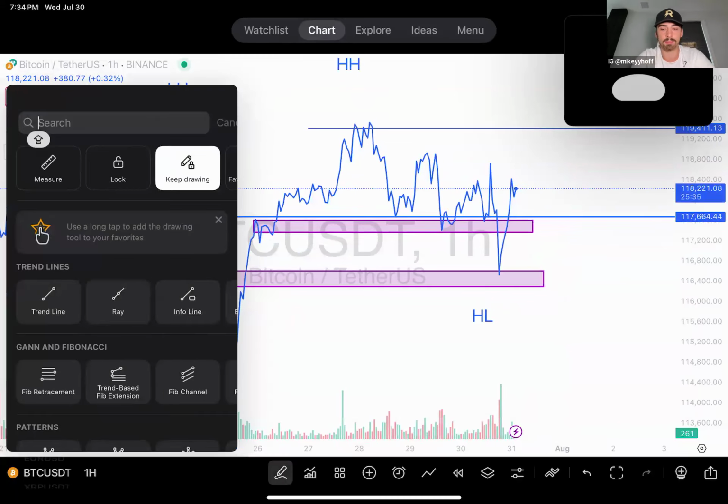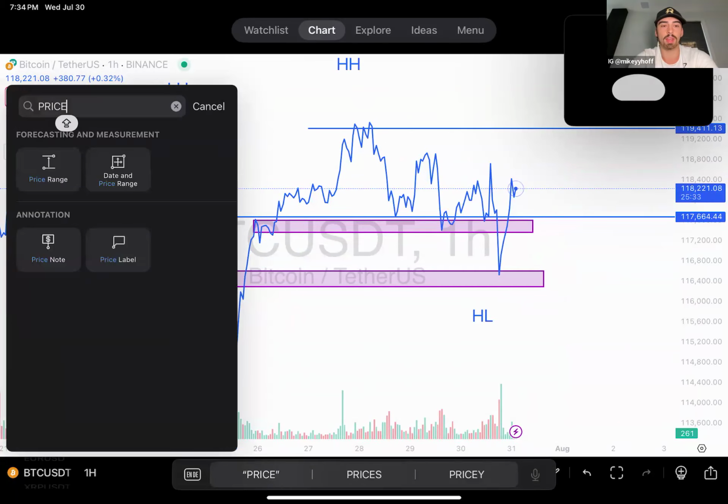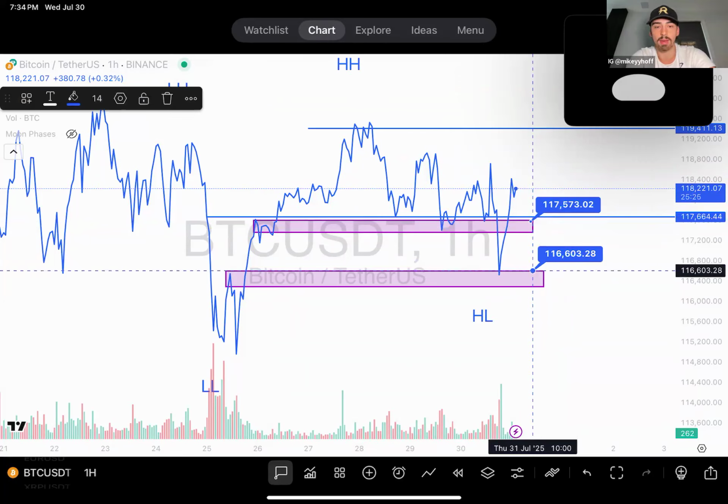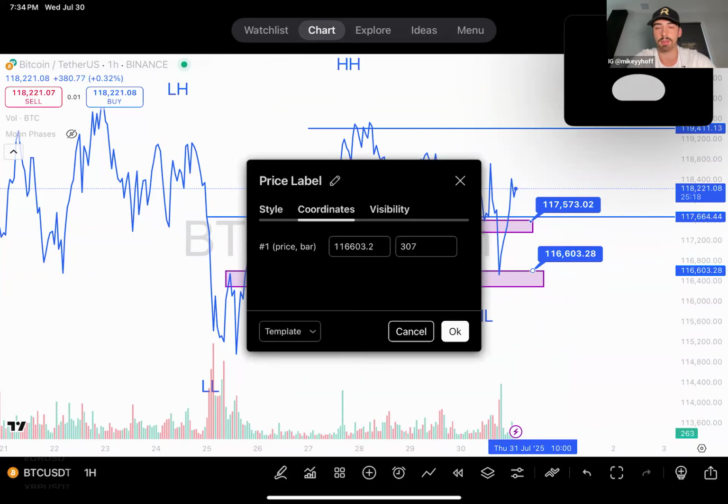Then you want to come in here and use a price label. And you always want to mark up using the quarter level theory, right? So what that means is when we actually have these price labels up, you can see there's a bunch of random numbers, right? 116,603.28.